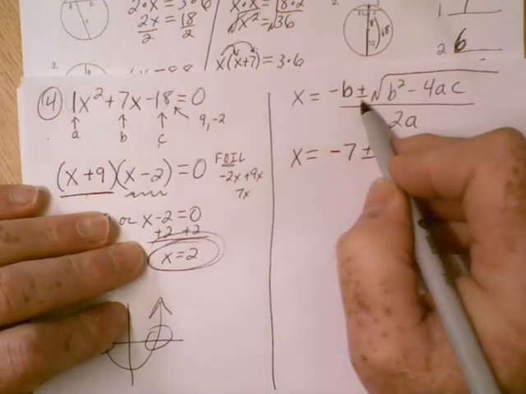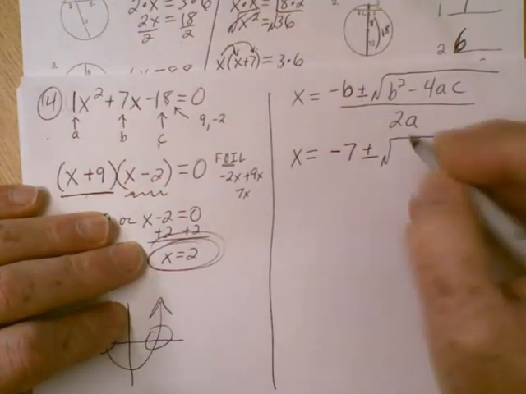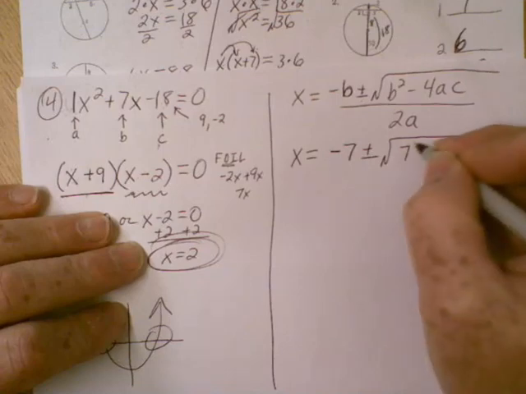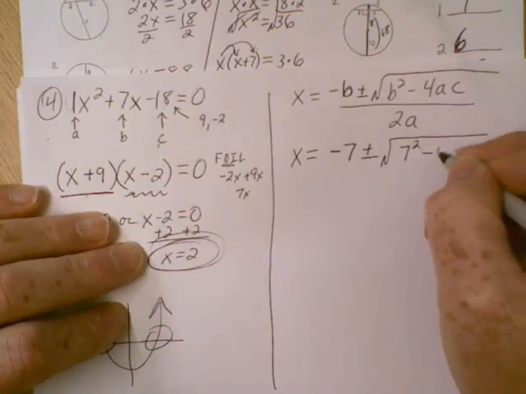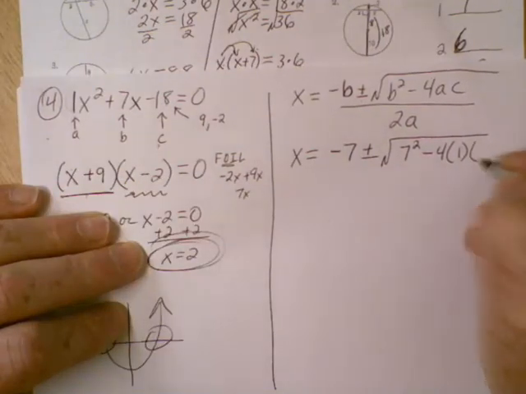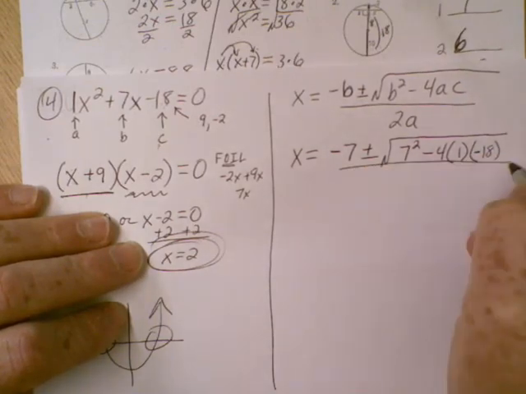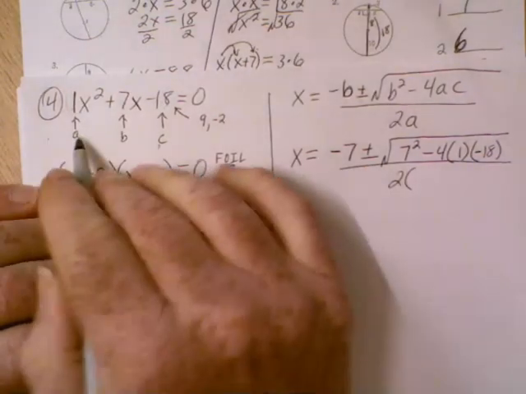Plus or minus, this is where our two answers are going to come from, and we'll deal with it here in a few minutes. Then we got 7 squared minus 4 times A, this time is 1. C is negative 18. Don't forget that negative. It'll mess up your whole problem. Over 2 times A, which is 1.